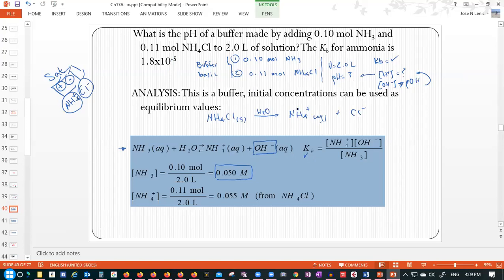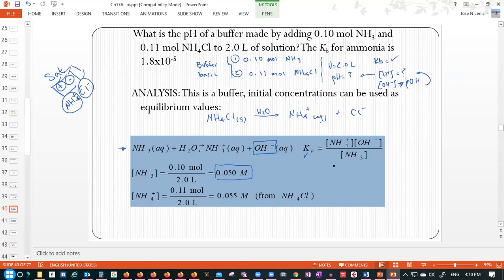So you have a lot of ammonia, plus basically the same initial amount. And same thing here, very little dissociated of this. So that's why we apply the initial concentrations, and that's what we're going to do here. Put it here. We know this, we know this, we know this. Find the OH minus.